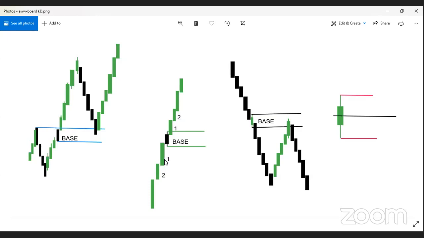These are bullish candles, the green ones. We have two, one and two this side. So we have this candle that is bearish, one candle that is bearish, and then we have two candles upwards that are bullish, and then we have two candles below this bearish candle that are also bullish. So that is what we call a base.